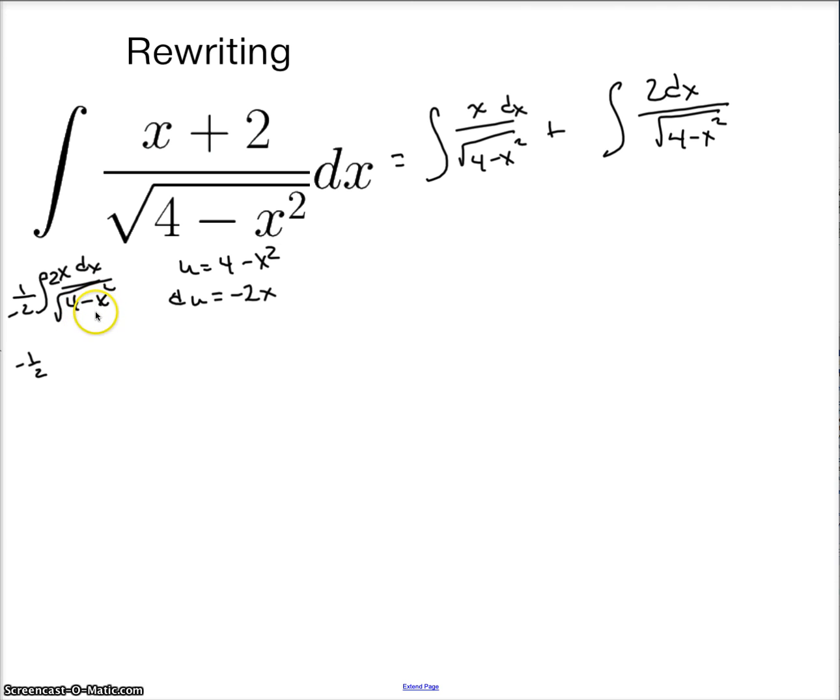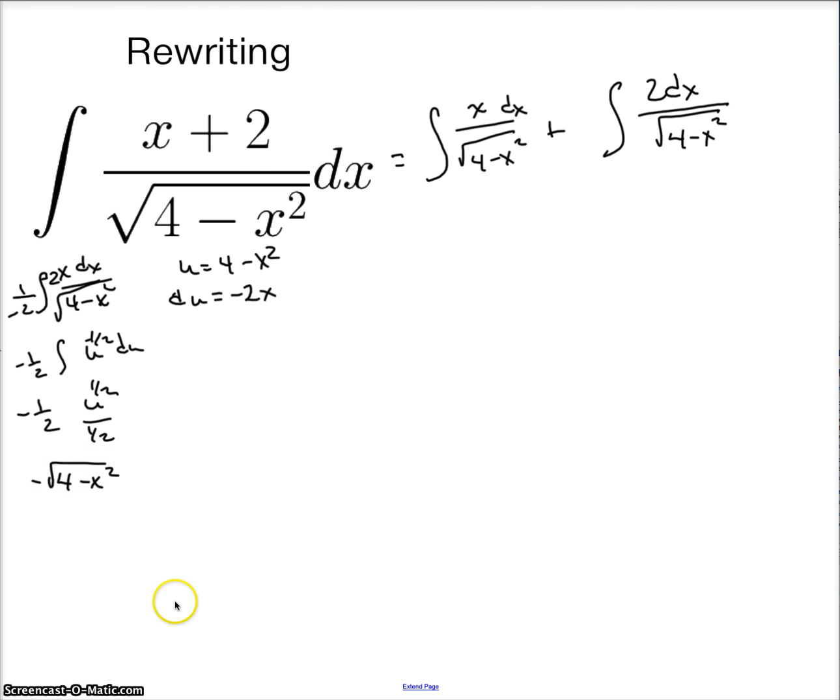Now, this is the integral of u to the negative 1/2 du. So it's negative 1/2 u to the 1/2 divided by 1/2. So simplifying this, it gets a little messy, I know that. So this is negative, that cancels, the square root of u, which is 4 minus x squared.